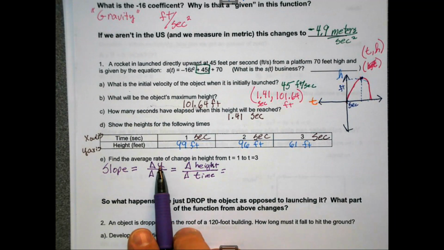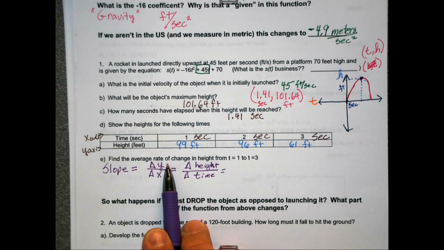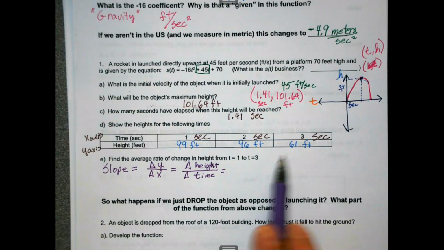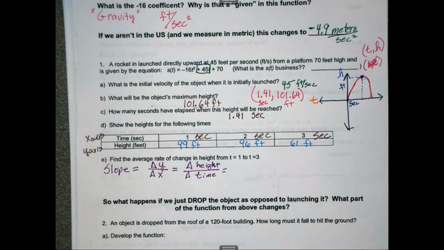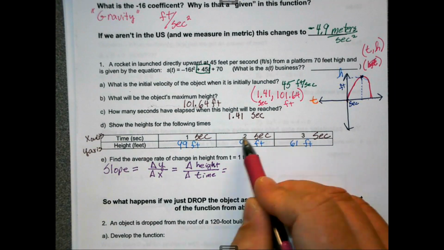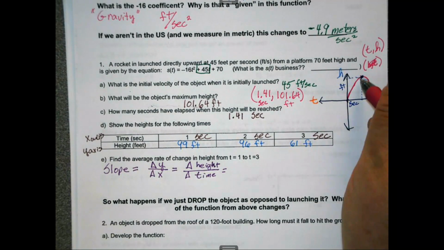But just like we would take our x of 2 minus x of 1, or I'm sorry, our y sub 2 minus y sub 1, and our x sub 2 minus x sub 1, remember? I'm going to take two of these points. I don't want to take the 99 because that was on the upside.